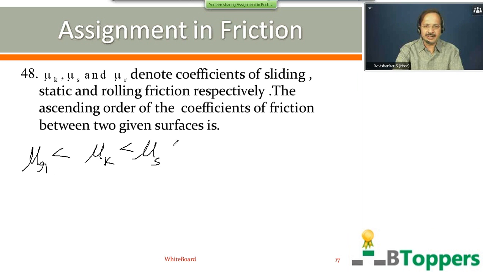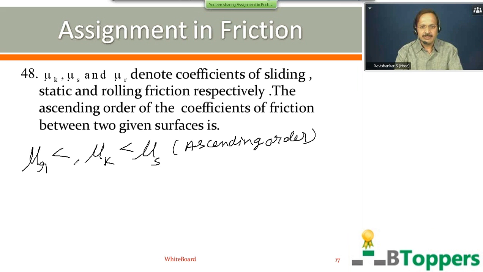Therefore, the ascending order of the values of coefficients of friction between two given surfaces is mu r less than mu k, less than mu s.